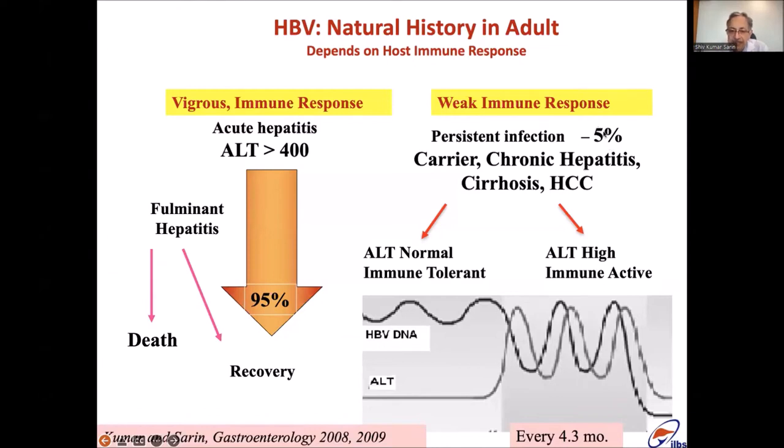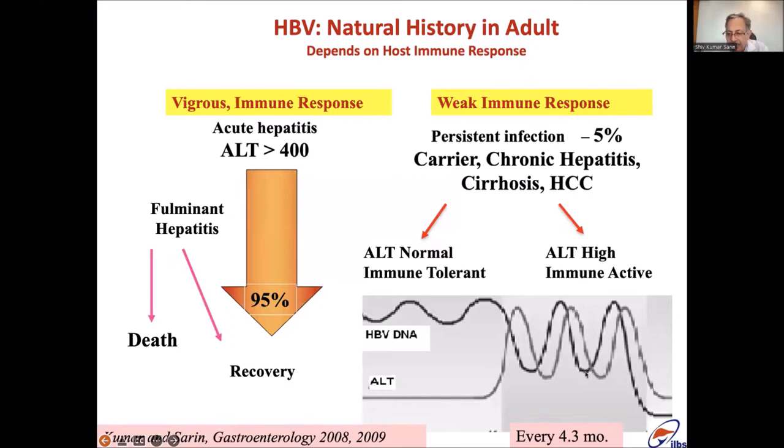What does that mean? You will have normal ALT. SGPT remains normal if the immunity is very weak. So DNA levels keep on going up and down. ALT will go up and down every 4 months. Whenever ALT is high, DNA is down.